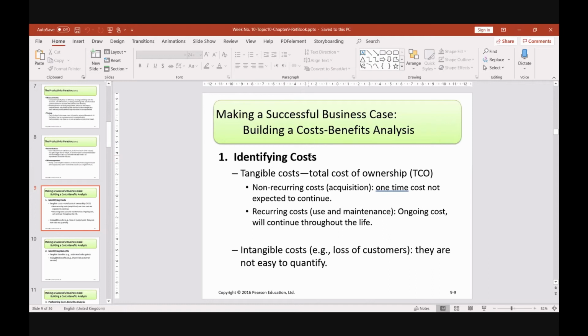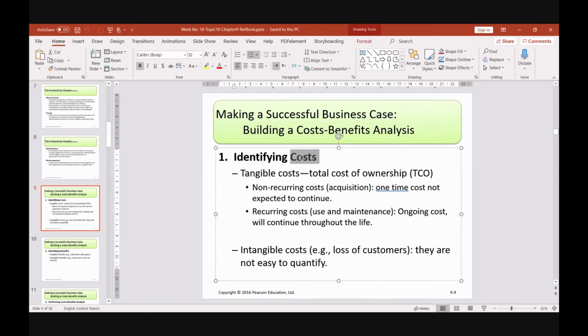The very first step is that we need to identify costs. For example, the computer college needs Blackboard. There is no Blackboard right now, and we want to purchase it. You are the manager, and you will present the business case to the president. Is that clear, guys?